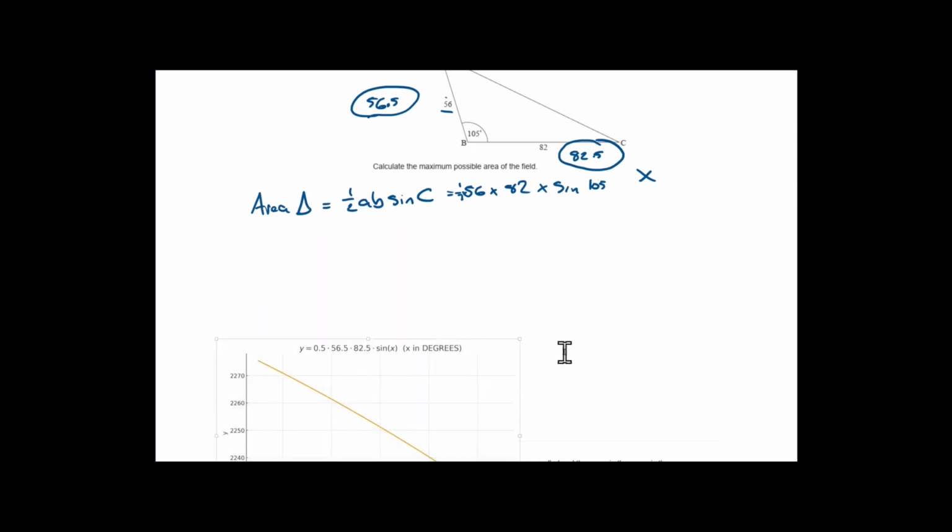So let's move on. So we're going to say that it's maximized at the point half times 56.5 times 82.5 times sine of 102.5, because it's to the nearest 5 degrees. So any less than 102.5 is going to give you a different number.